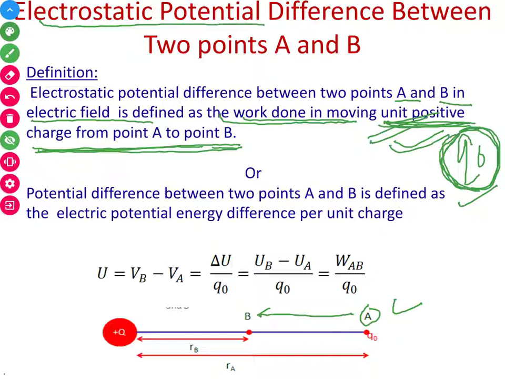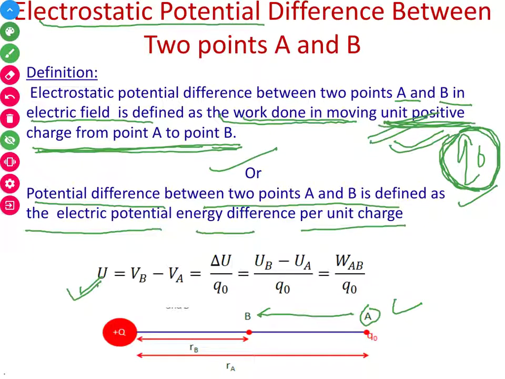So it can also be defined as the potential difference between 2 points A and B as the electric potential energy difference per unit charge. As you can see here, the potential difference VB minus VA is equal to del U, the change in potential energy per unit charge.